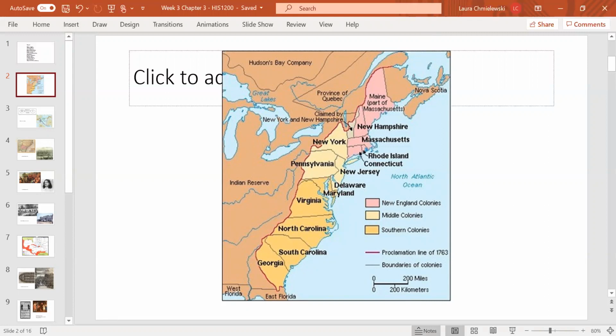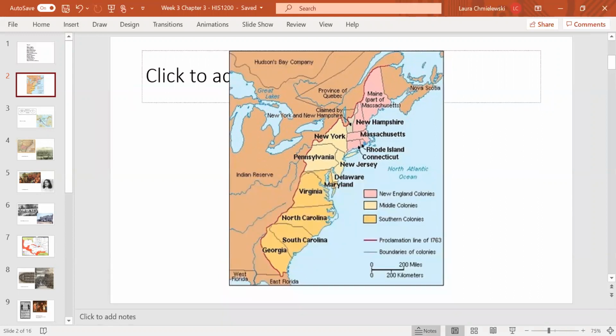I want to point out to you that we tend to think about the colonies in terms of region. So you can see them spelled out here, the New England colonies, the middle colonies, and then I just want to further subdivide the southern colonies into two regions.